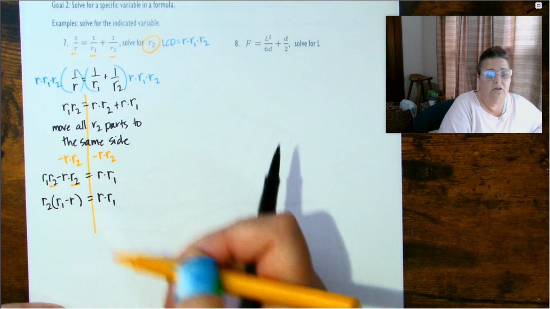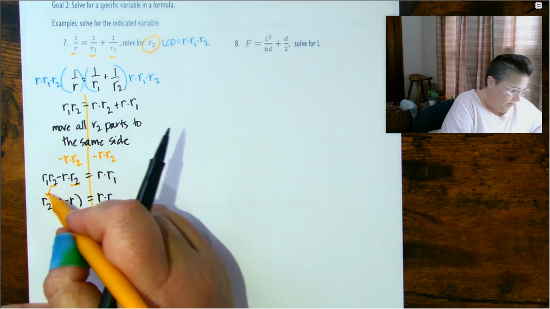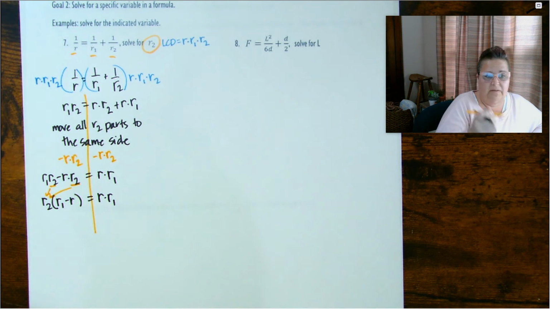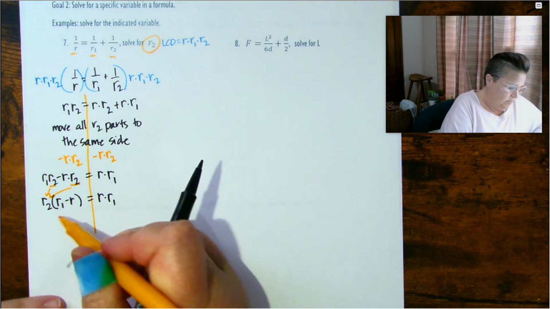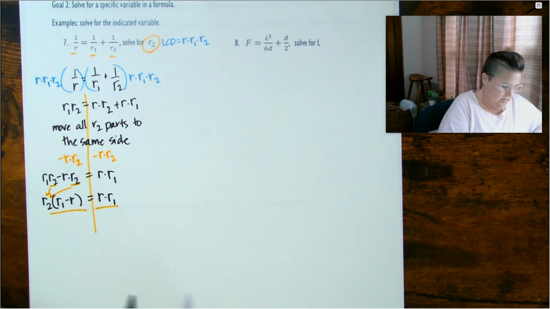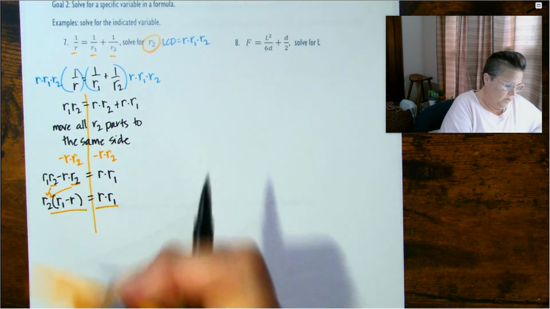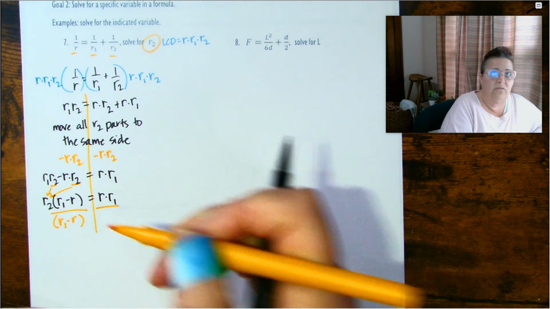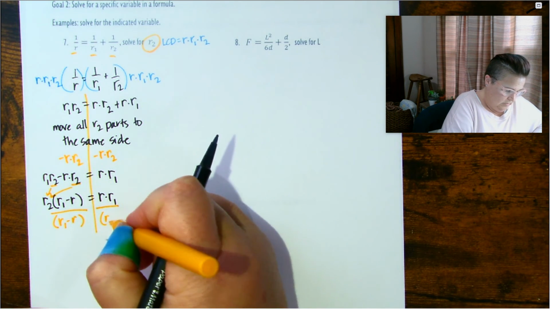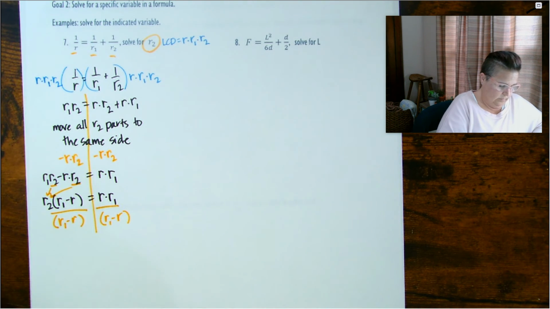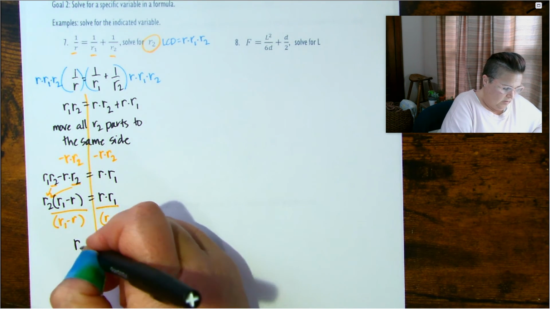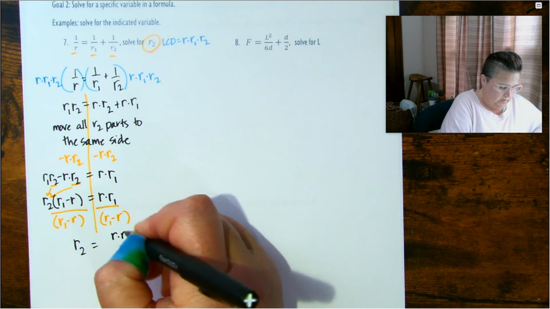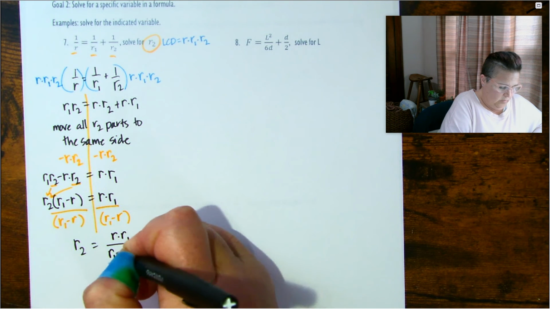It was here and it was here. Because I have pulled it out front, because I have factored it out, I can now divide both sides by the R1 minus R term, or factor. And this gives me R2 is equal to R times R1 over R1 minus R.